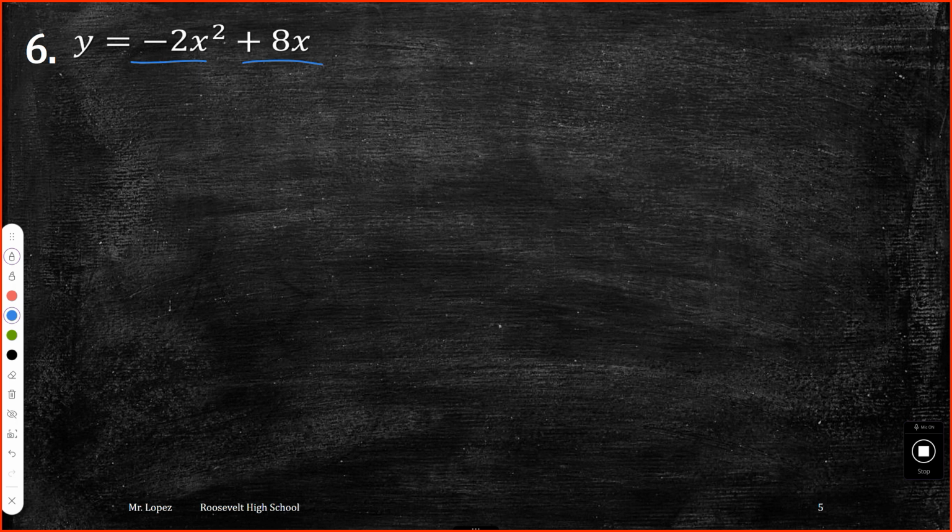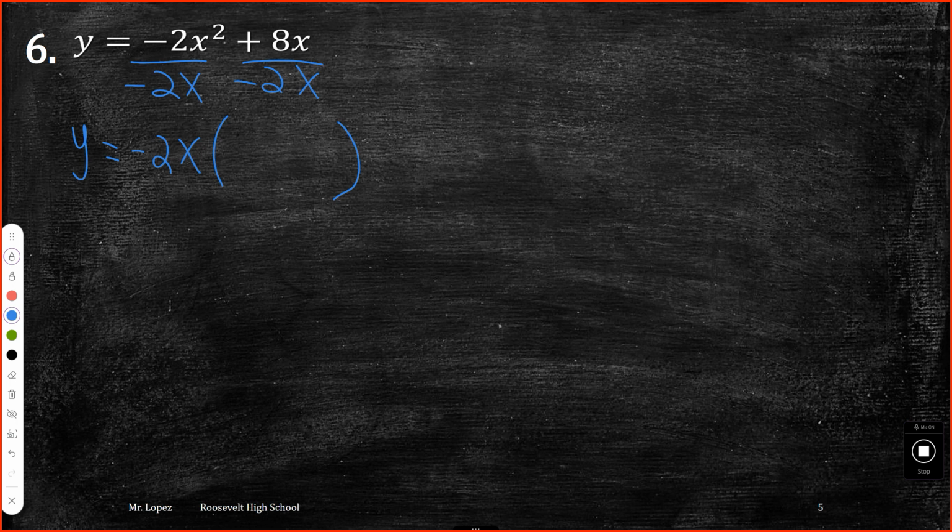What's the biggest number that goes into both negative 2 and 8? 2. But if it's negative, you're going to put negative also, okay? Negative 2. And the smallest x is the one that's going to come out, and the smallest is x. So this is going to be y equals negative 2x. And then what stays inside?